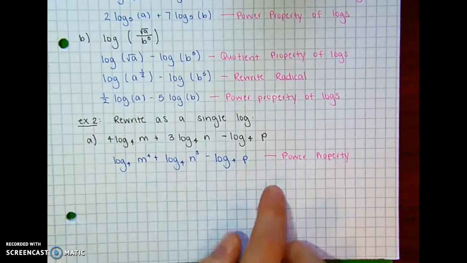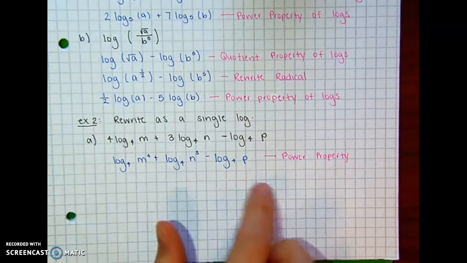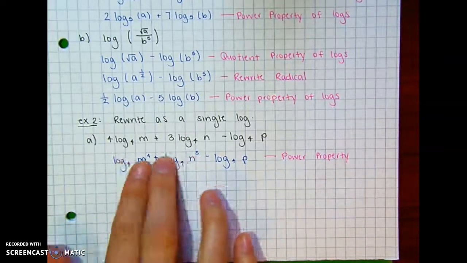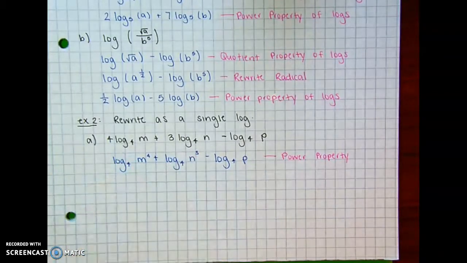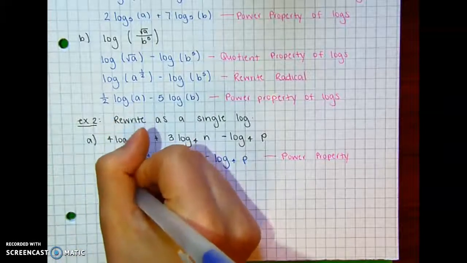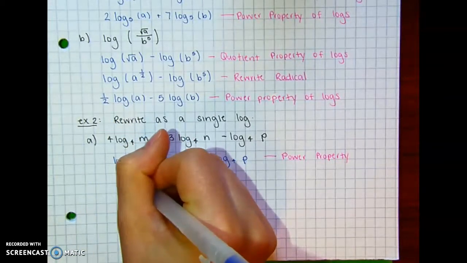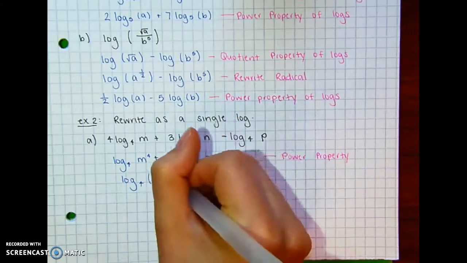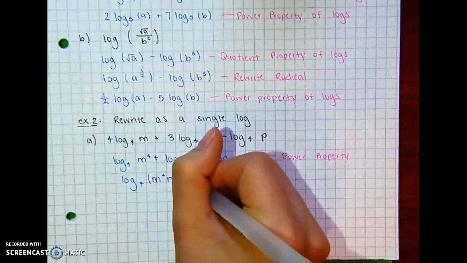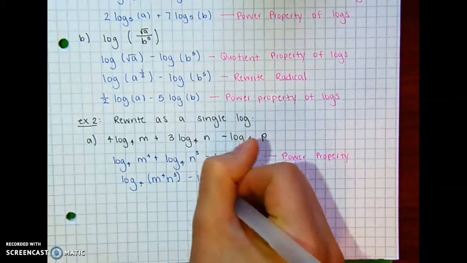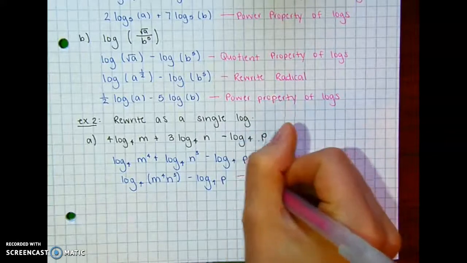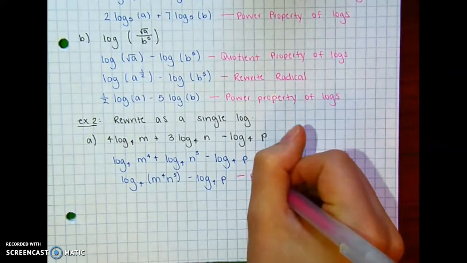Okay. Now we have addition and subtraction. So remember, with addition and subtraction and order of operations, if we have both, we go from left to right. We want to combine these two first. So log base 4 of m to the 4th times n cubed. And then minus log base 4 of p. So that is the product property.